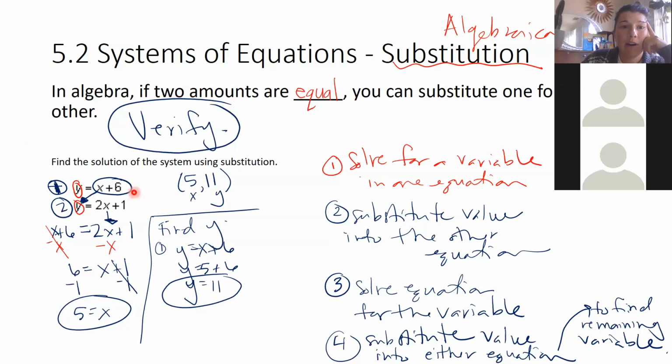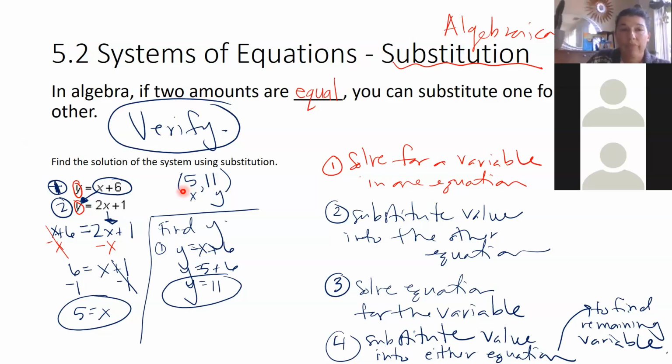How would you verify algebraically that 5, 11 is the solution to the system? You would substitute 5 in for x and 11 in for y in both equations. And what are you looking for when you substitute them in? Both sides of the equation to be equal. Good. On both equations. You want to show that this is a solution on each of those equations.